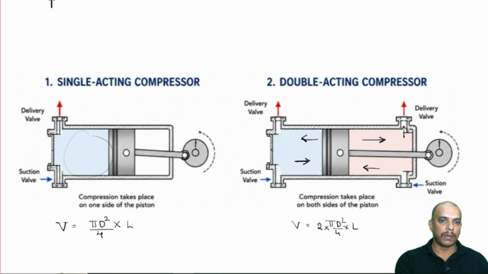So, this has to be multiplied by 2. Volume of air delivered in a double acting compressor will be this much. We can also simplify this if you want to. So, pi d square by 2 into L will be the volume delivered in double acting compressors, all right.